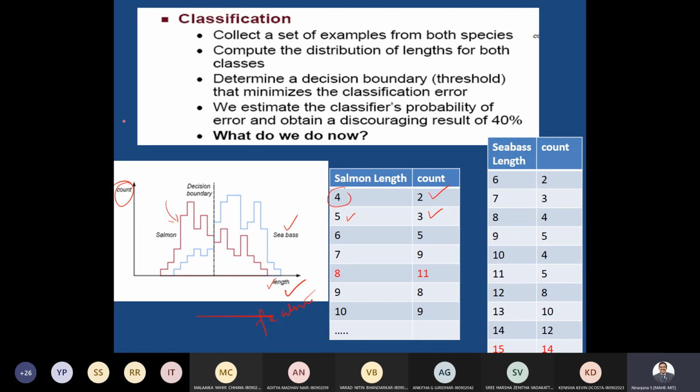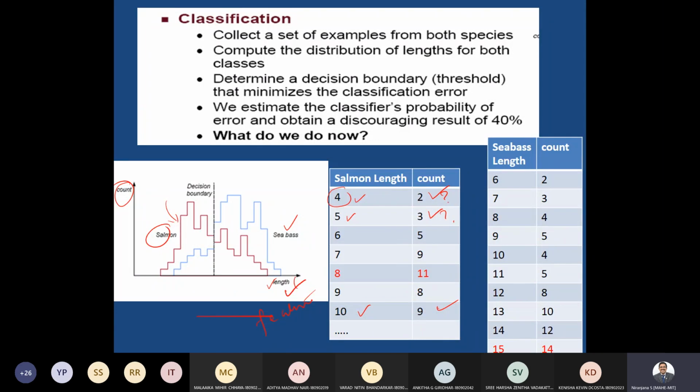So considering the group of salmon, if you group them after measuring the length, having length of 4 centimeter, or unit 4, how many fishes are there? That is 2. Having length 5, how many are there? That is 3 here in this particular problem. And so on, when you measure, having 10, there are 9. Okay, it may be mm. We don't know what the measure exactly is. It is not mentioned here.